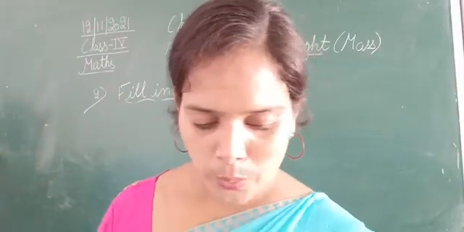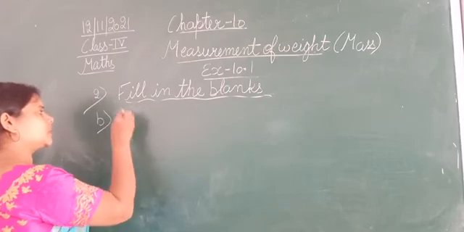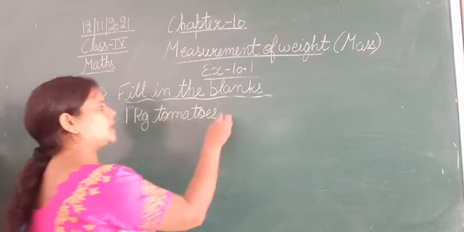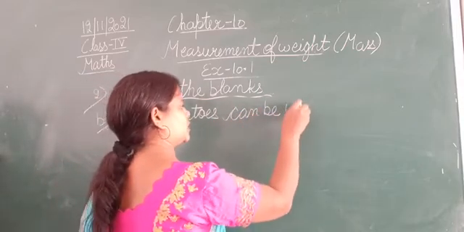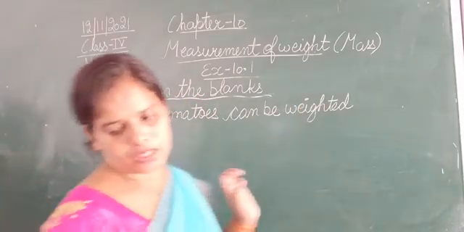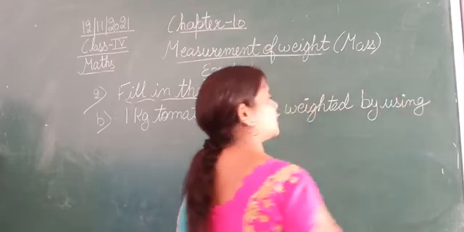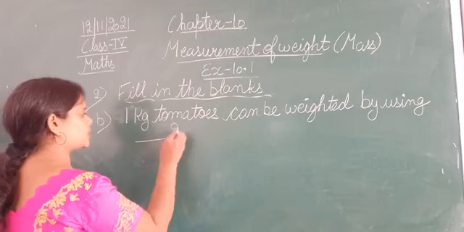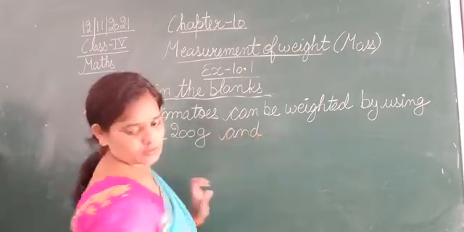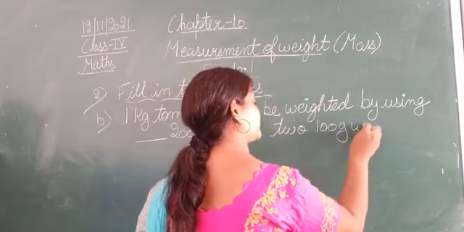The second is: 1 kg tomatoes can be weighed by using dash 200 grams and 200 gram weights.